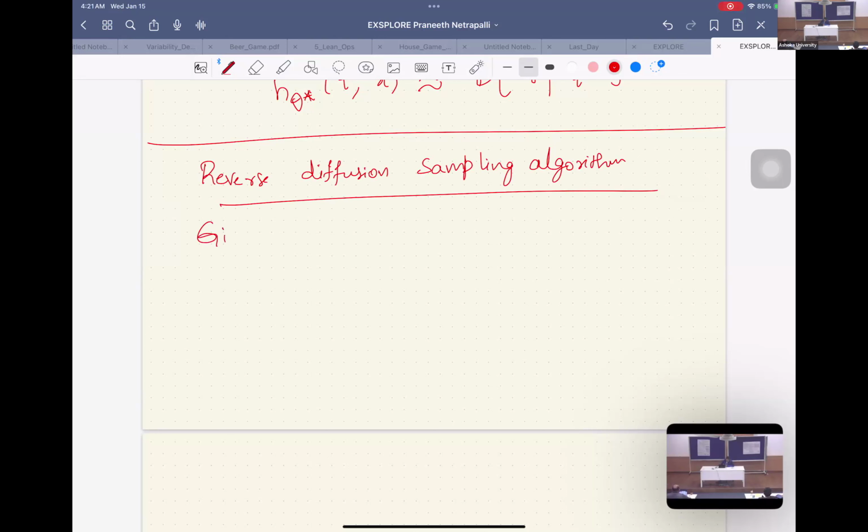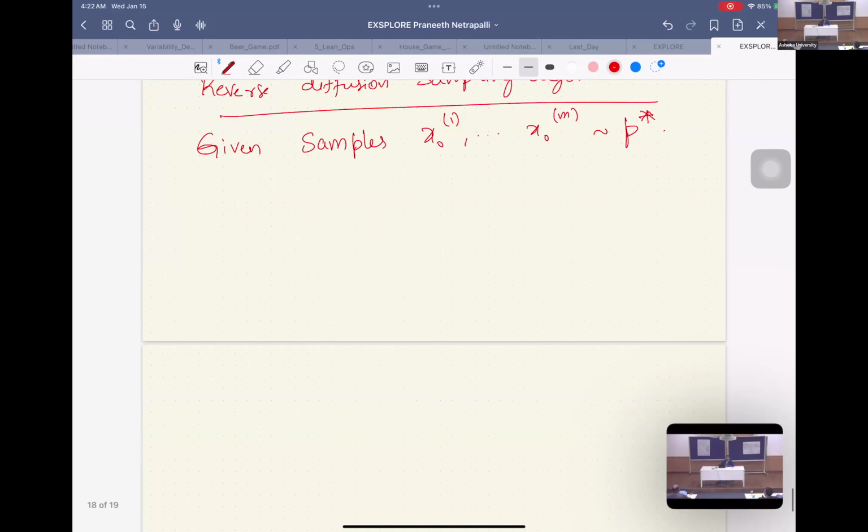We are given samples x01 all the way up to x0m from some distribution C star. This is the only thing that we are given.